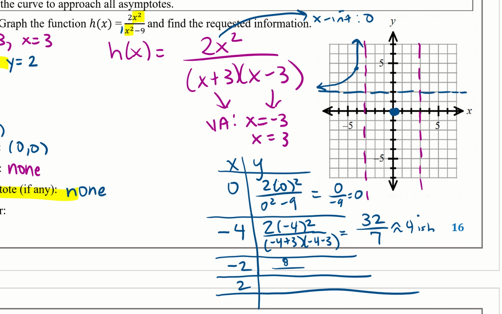And on the bottom, I'd get a 1 and a -5. So I get like -1.6. I want to see what's happening over here close to this one as well. So I'll plug in a 2. I still get an 8 on the top. On the bottom, if I plug in a 2, I get a 5 and a -1, which is another -5.